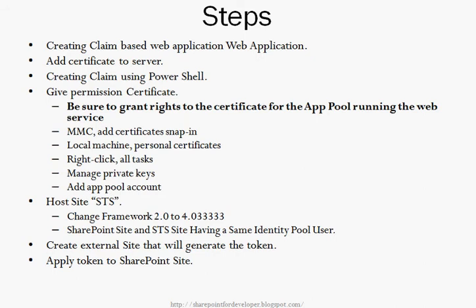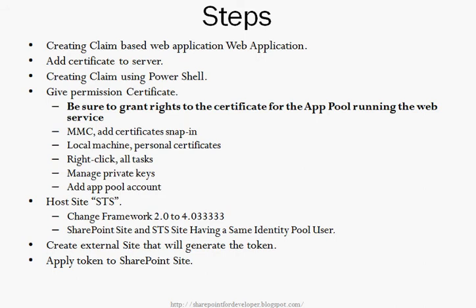So what we are going to do: the first step is creating a claims-authentication web application in SharePoint. Add certificates to the server, create the claim using PowerShell scripts, and give permission to the certificates.